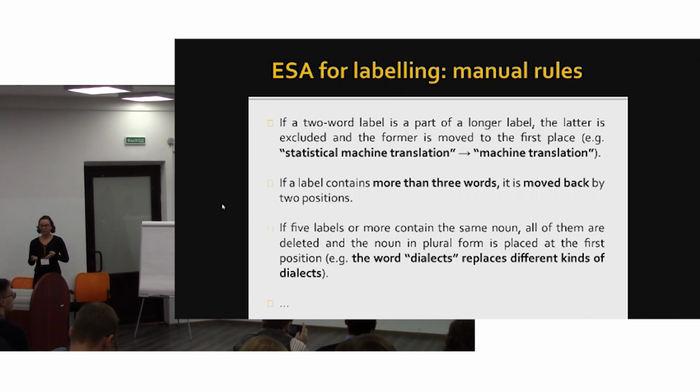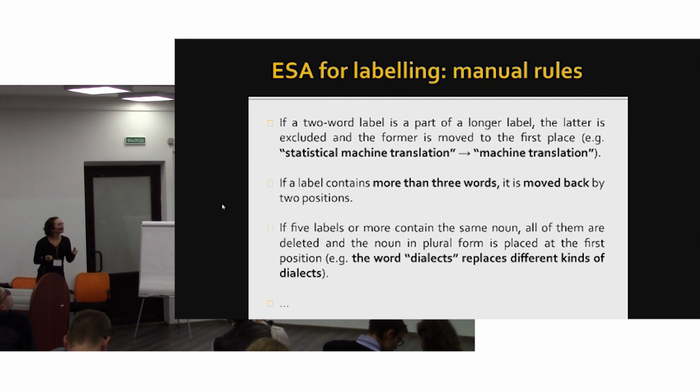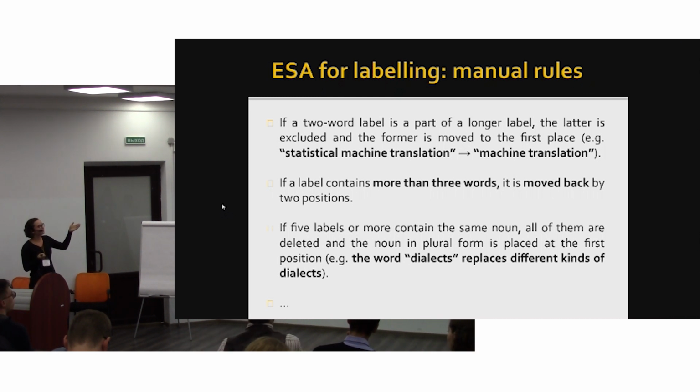We worked out a set of rules that actually turned out to improve the performance of our algorithm. Maybe it would be more convenient to look straight at the examples. If a two-word label is a part of a longer label, we make it shorter, to get from statistical machine translation just machine translation.